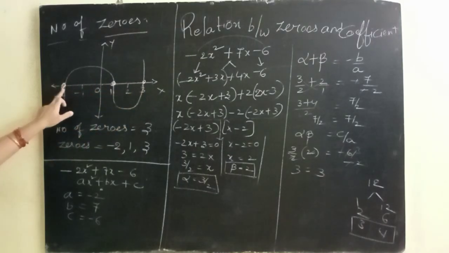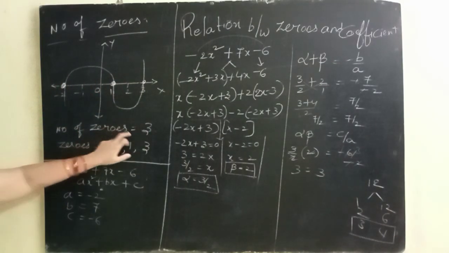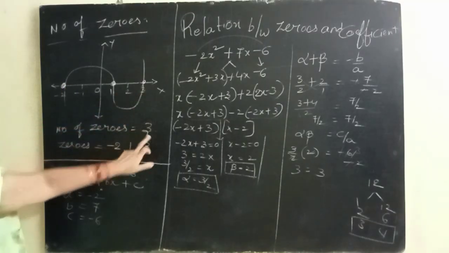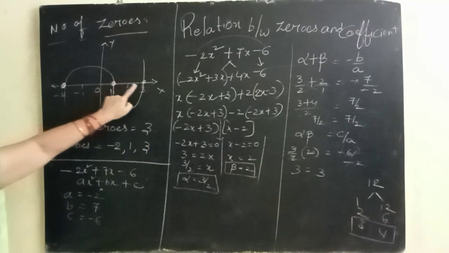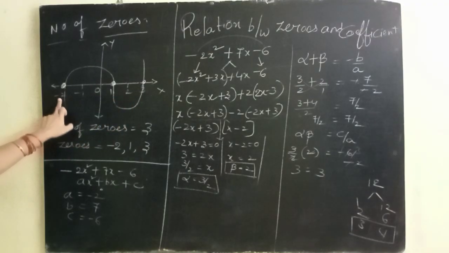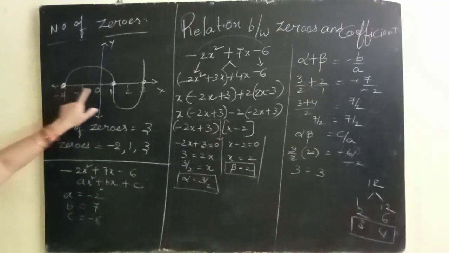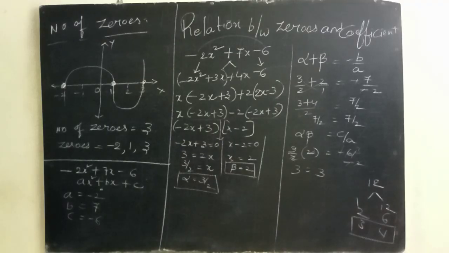On the x-axis, how many intersecting points are there? That many zeros we have. 1, 2, 3. What are those zeros? At what points are they intersecting? Negative 2, 1, 3. At these 3 points it is intersecting, so we will say they are zeros.